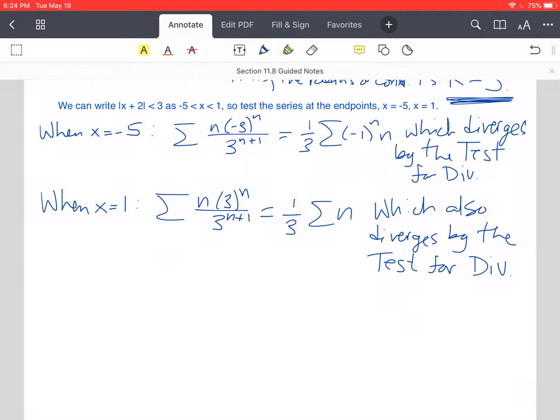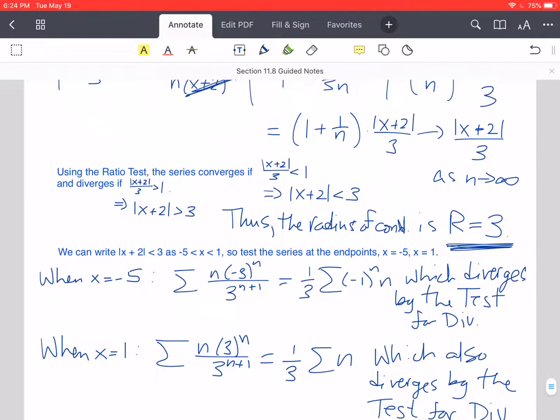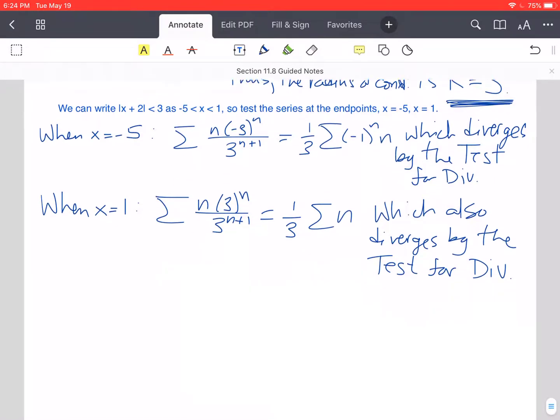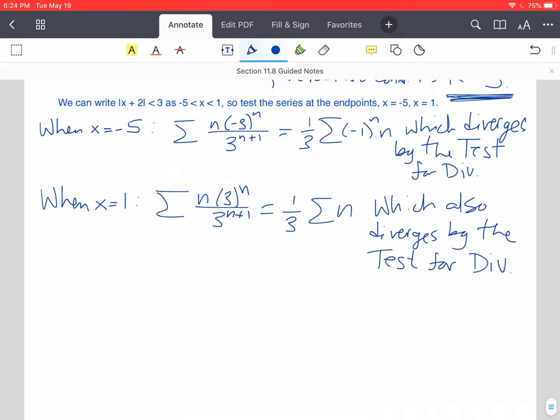All right, so we got that the power series is going to converge between -5 and 1. That's what we got from that absolute value. But we checked the endpoints, it does not converge at the endpoints. So we can go ahead and conclude.